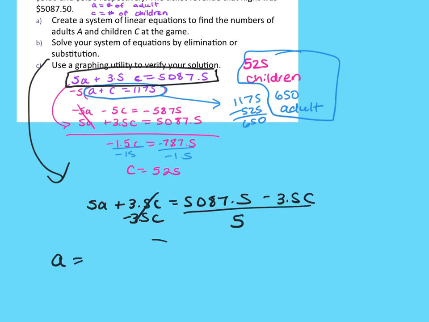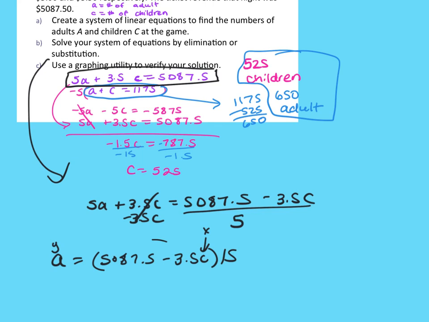So when I write this in the calculator, this could be my y. $5,087.50 minus 3.5c, which could be my x, gets divided by 5. And I don't have to work that out. I could literally group it.